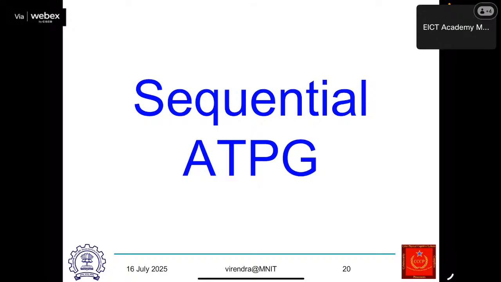So now the next topic is sequential circuit test. So first thing is, how do we define a sequential circuit? What is called a sequential circuit?